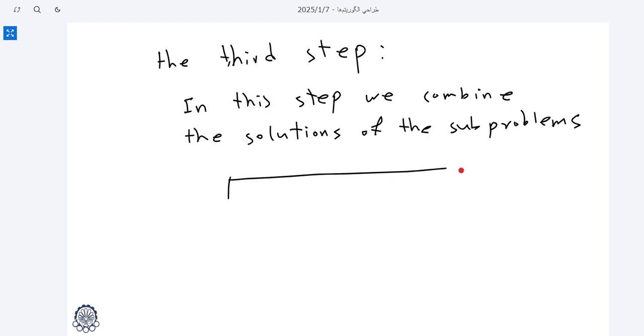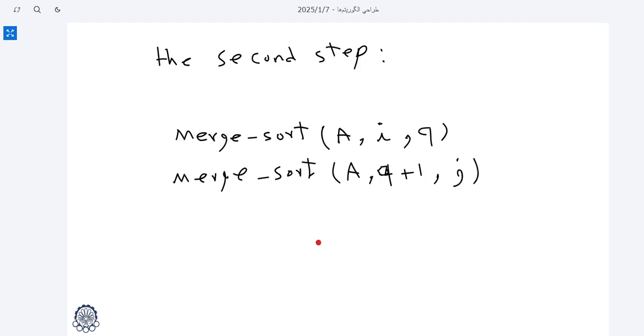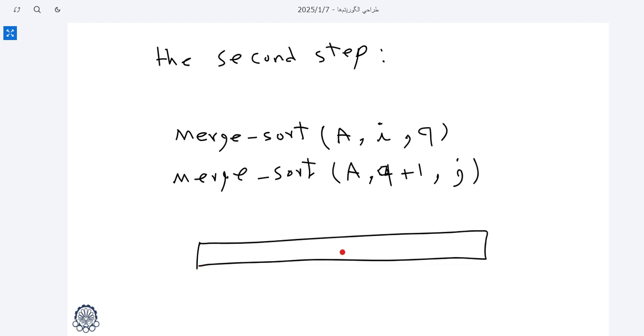In the second step, we recursively called merge sort for the first part and merge sort for the second part. So after the second step, the first part is sorted and the second part is also sorted. For example, we may have something like this.